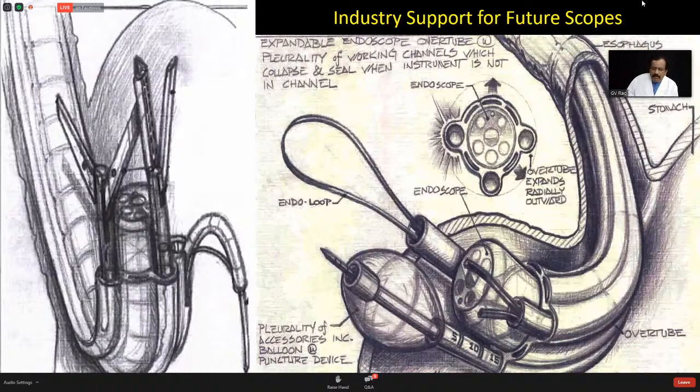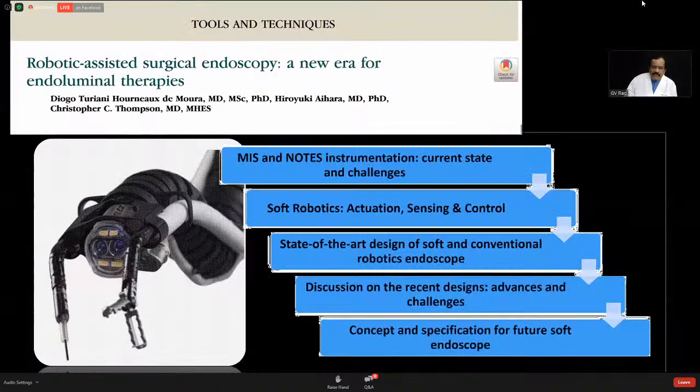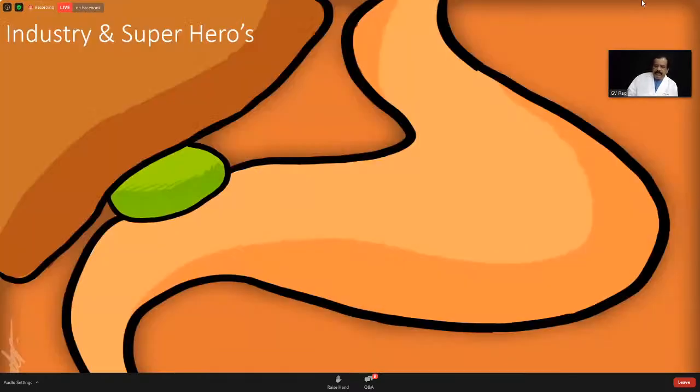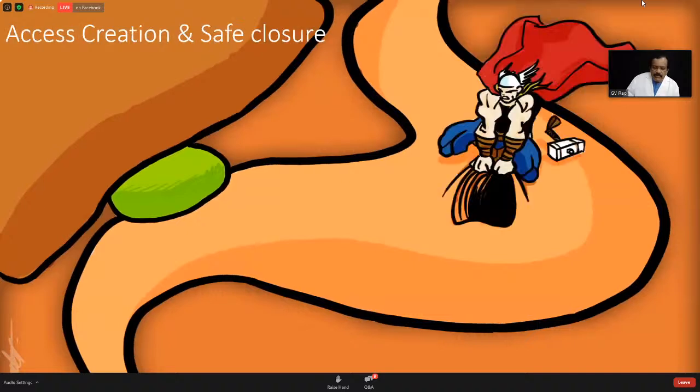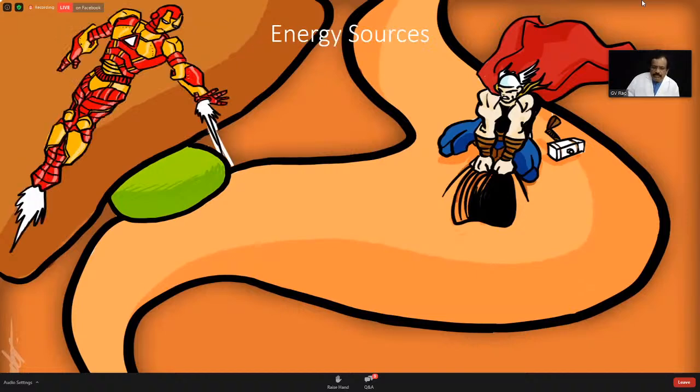And more and more of this newer equipment seems to be coming into clinical practice. We need to deconstruct the entire scope that we have, and we need to have newer scopes like this, which could change the entire way in which we deal. So we need industry support and also superheroes to come in a big way to do these procedures. We need newer modalities for access creation and safe closure of these accesses.